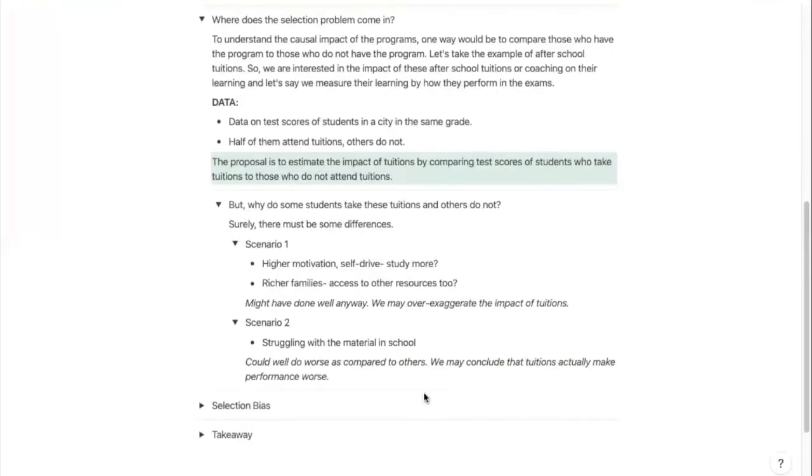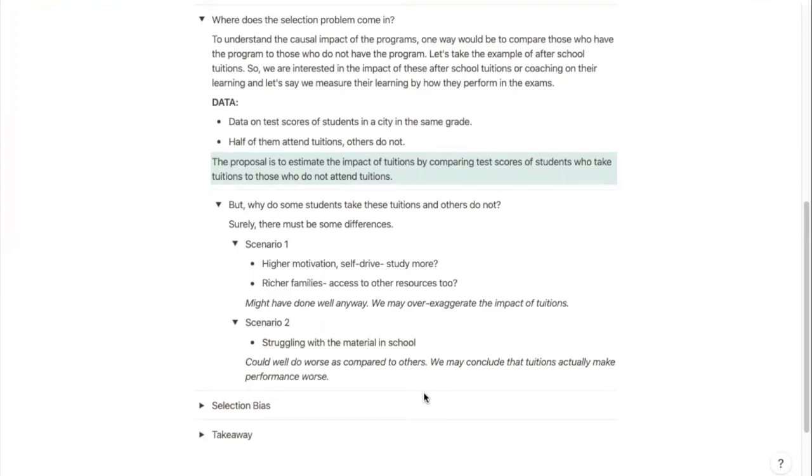Now let's think of the opposite scenario. What if the students who join these tuition classes are mostly those who are struggling with the material in the school, and that is why they are looking for some extra assistance, some extra help with the class material?